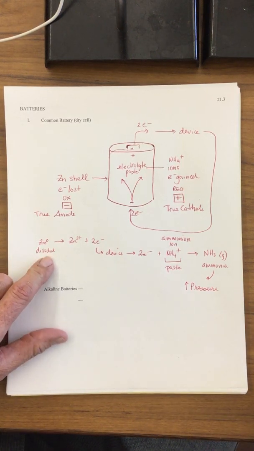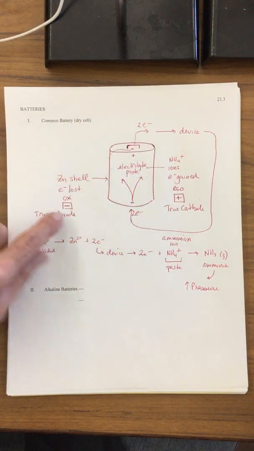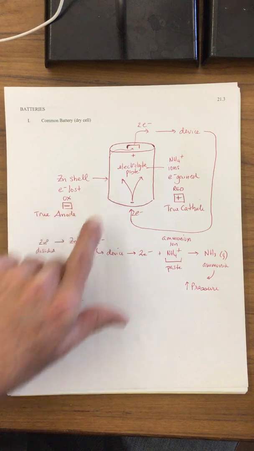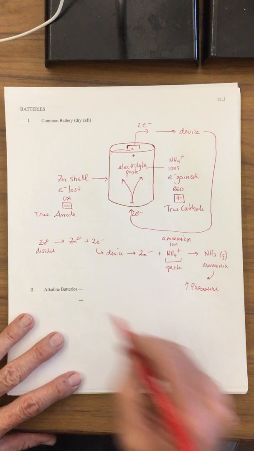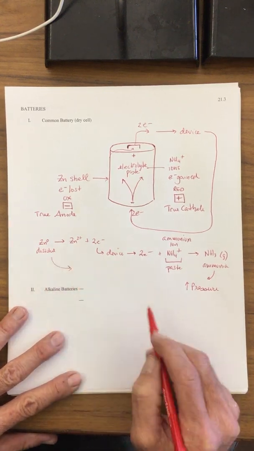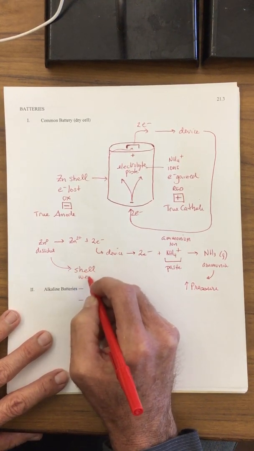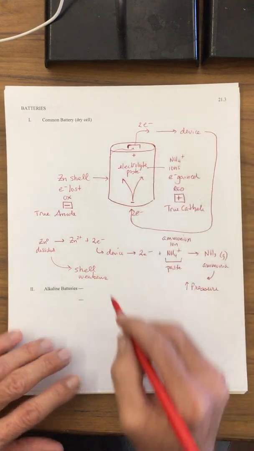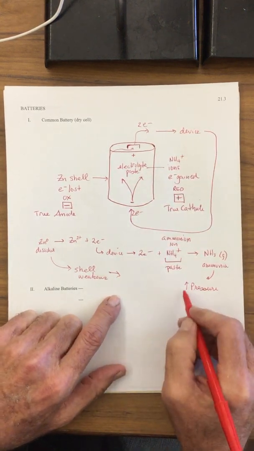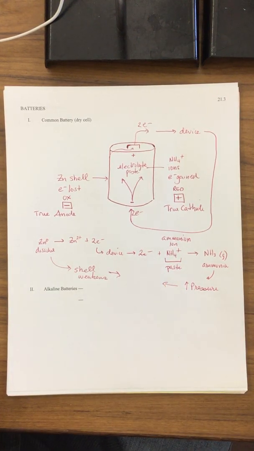Okay, let's take a look at what's happening. What's happening to the strength of our battery? The zinc shell is beginning to dissolve as the electrons are being lost. So this zinc shell is going to weaken. So the combination of our container, which is getting weaker, and the increased pressure building up on the inside of the battery, what's going to happen to the battery?